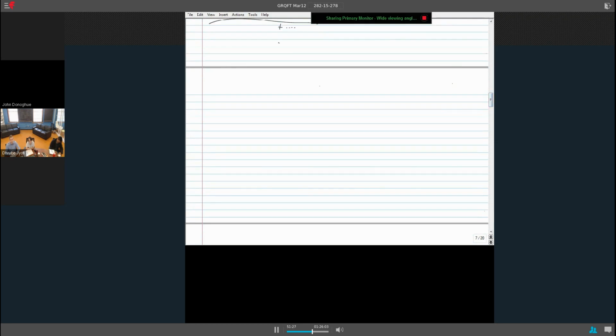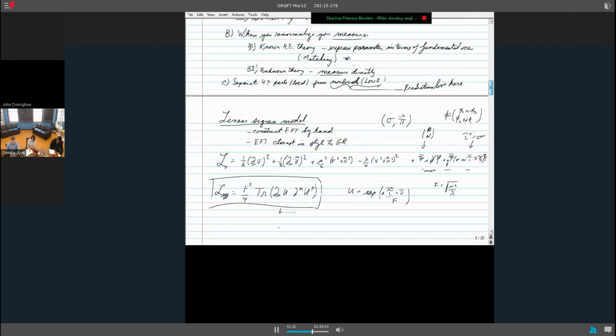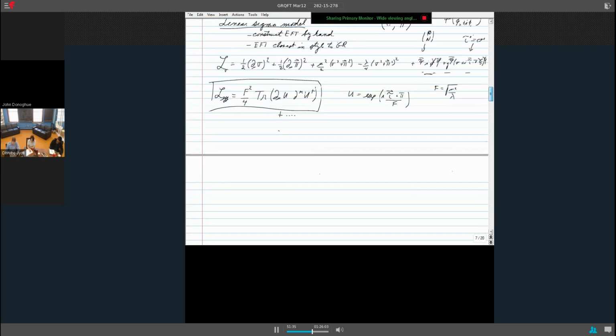But the phi 0 is the sigma, and phi 1, phi 2, phi 3 are the pi's. Okay, so there's a one-to-one mapping. Phi 0 is the Higgs, and phi 1, phi 2, phi 3 are the unphysical Goldstone bosons that get eaten up to form a massive W and Z in the standard model.